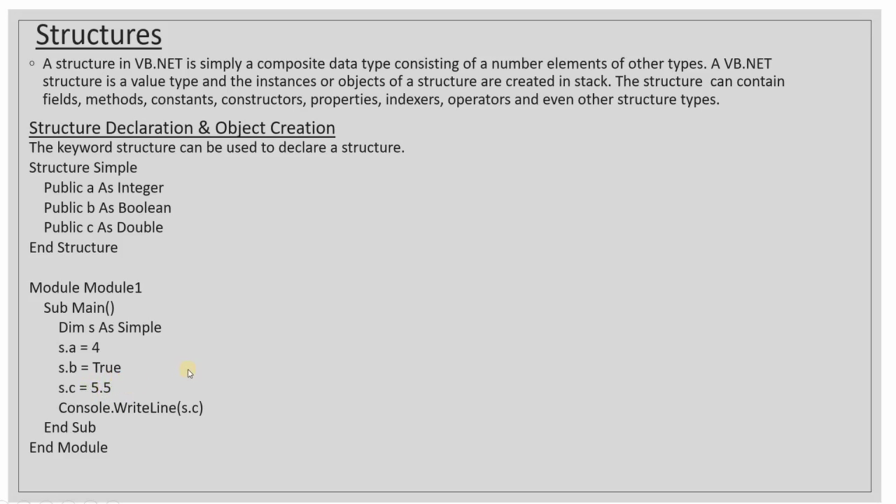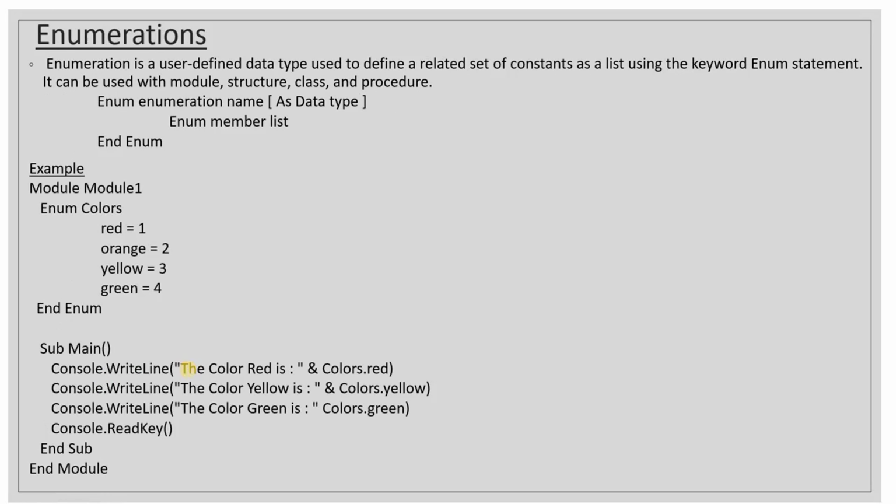Now take enumeration. Enumeration is a user-defined data type used to define a related set of constants as a list using the Enum statement. It can be used with module, structure, classes and procedures. So, how can we declare it? First, we write the Enum keyword, then the enumeration name as data type.